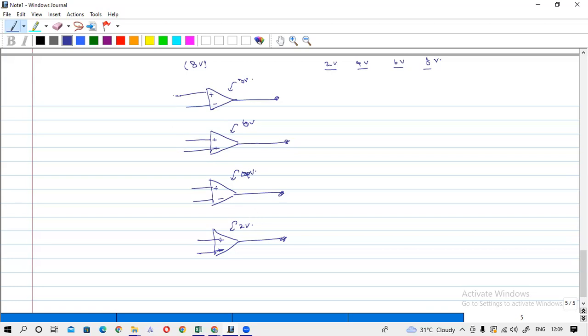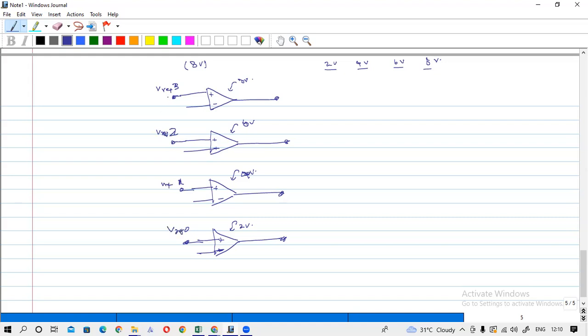So what voltage values do we have to give to these references? Let's say this is Vref 3, Vref 2, Vref 1, and Vref 0.